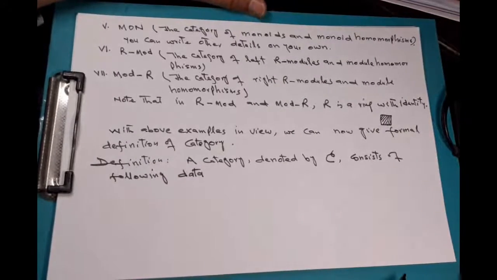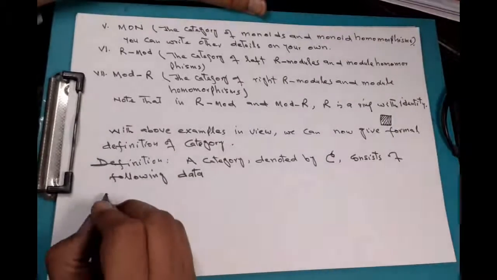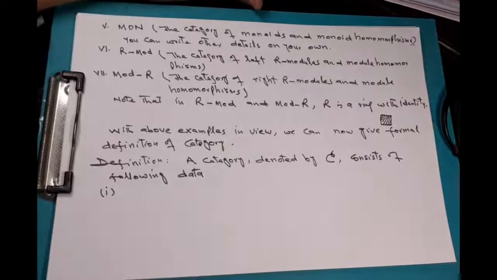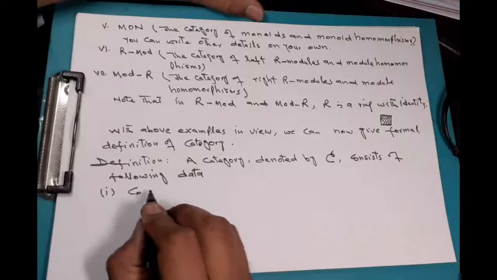So consists of following data, and you can very easily see what we are going to say. In case of category of sets, at number 1, we wrote collection of all the sets. And in case of general category, we will write collection of objects.